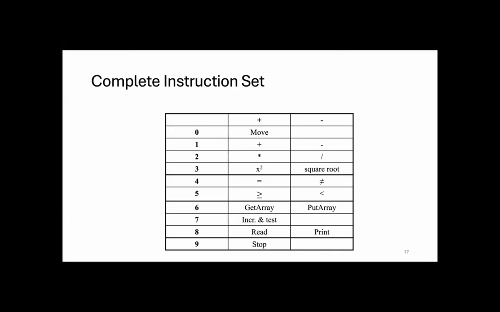So we left that number empty. Also with the move, there is no -0, and the same with the stop operation, number 9: we didn't add a -9 for it because there is no orthogonal operation that we want to add. So we're just going to leave those locations empty.